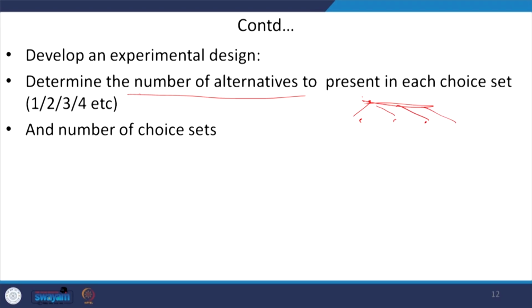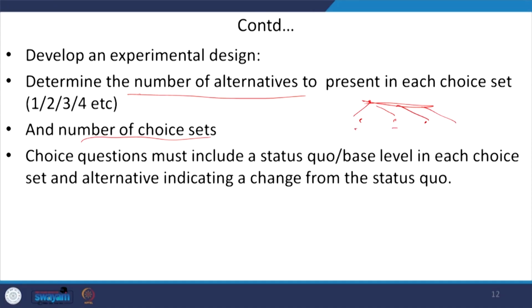And we also need to talk about the number of choice sets, not only alternatives but also these sets. And once the choice sets are determined, then the choice questions can be determined. So, choice questions can include the status quo or base level, that is the original one.